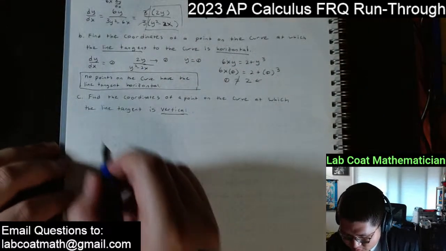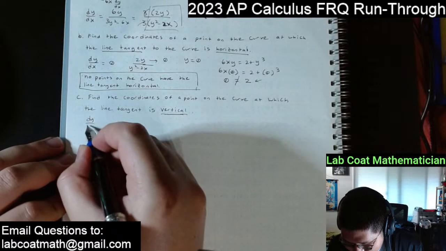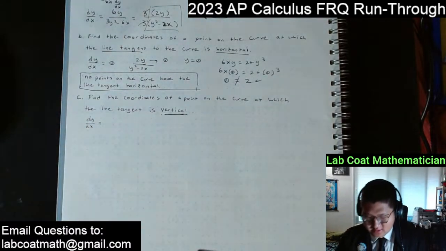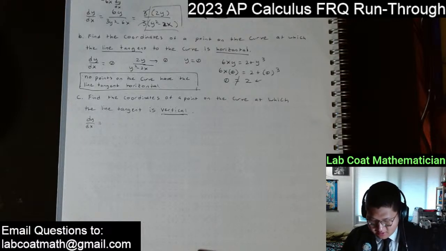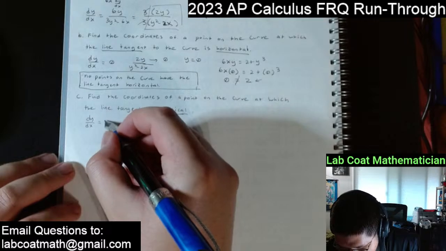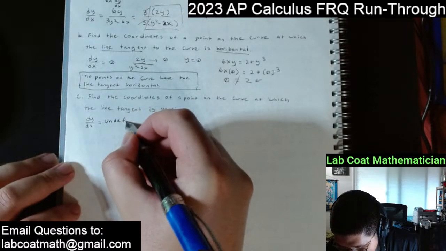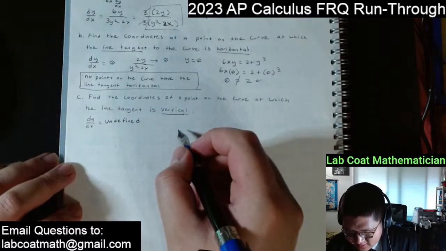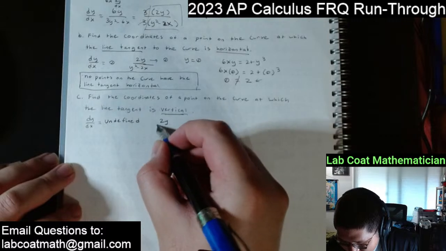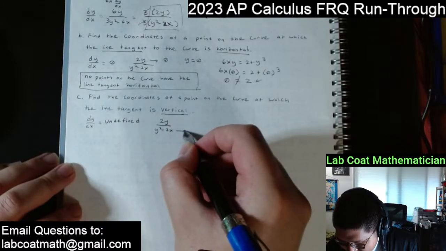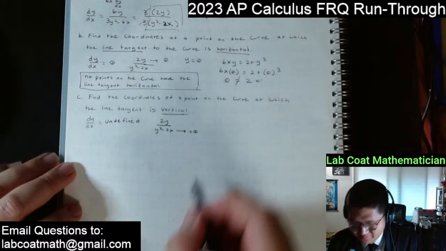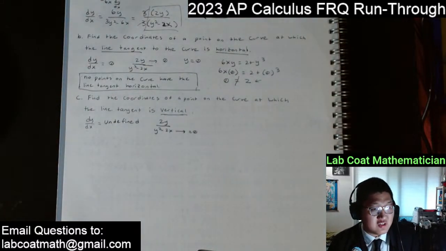Okay, vertical then means that the first derivative dy over dx, vertical in the sense of a vertical slope, must mean that we are dealing with an undefined slope. Going back to the first derivative equation, the denominator must be equal to 0 if that were to be the case.